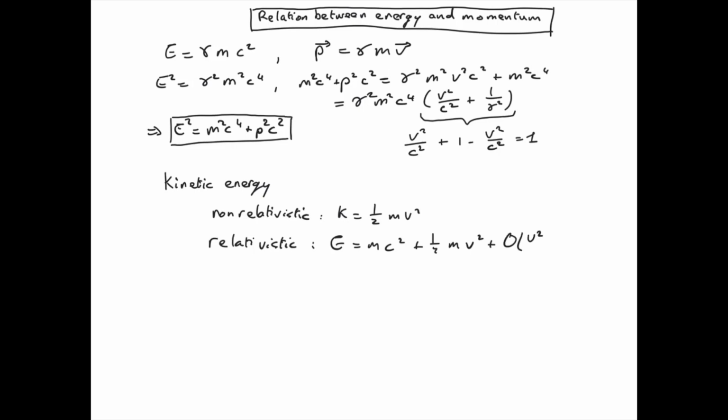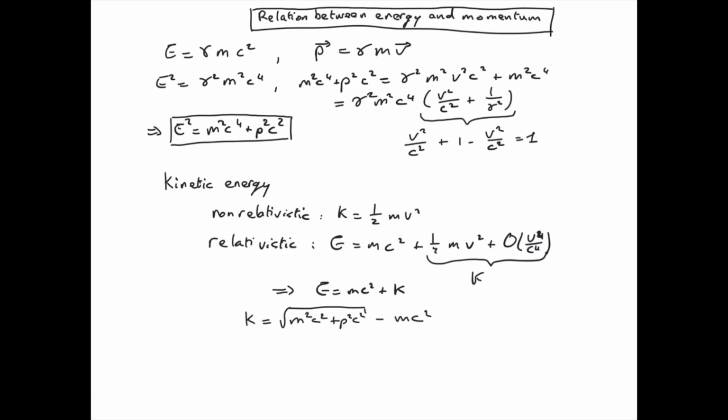So we have E equals mc squared plus K. So when the system is clearly relativistic and the velocity v is not particularly small with respect to c, we have K equal to the square root of m squared c^4 plus p squared c squared, minus mc squared.